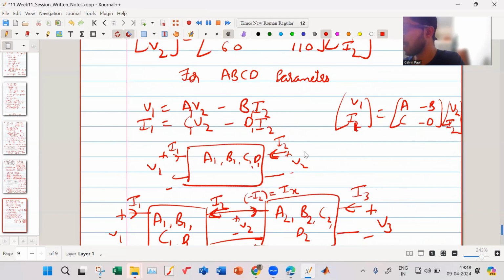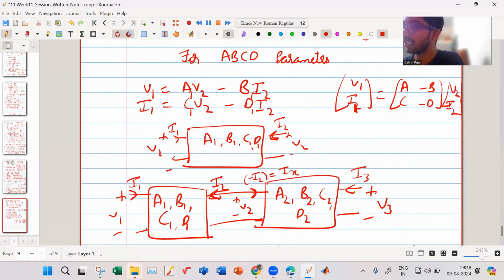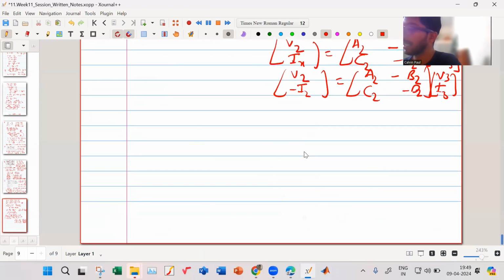If you see this ABCD network, I'm saying I2 will be in the opposite direction, if I'm not wrong. You always consider in a two-port network that the current is always entering into the network. In the lecture notes, it is in the opposite direction, only for ABCD parameters.